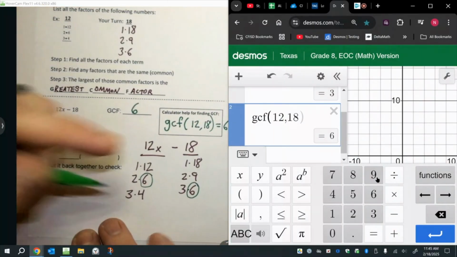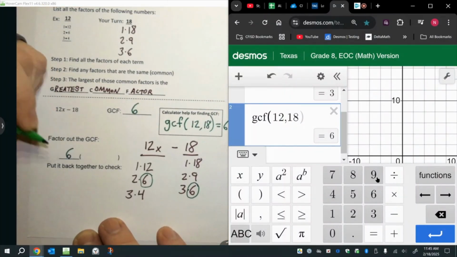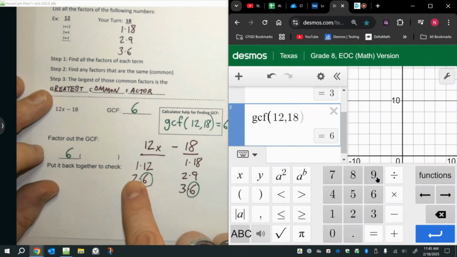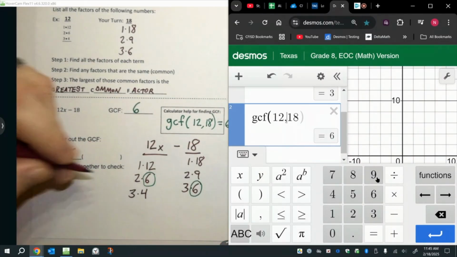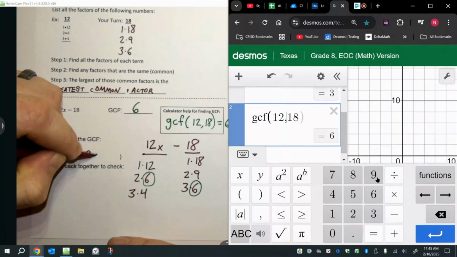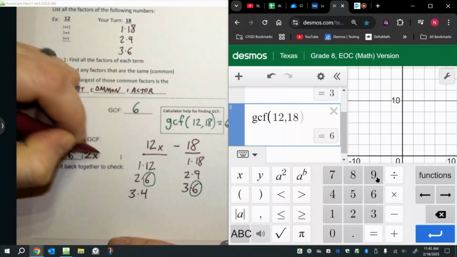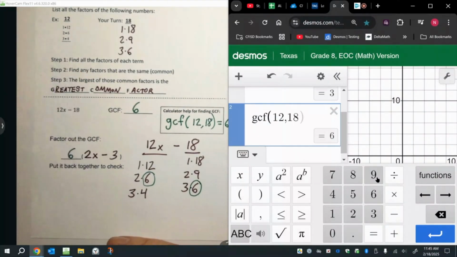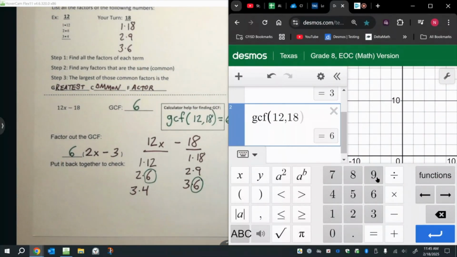So here's how we think about it. If I take the 6 out of here, well, what's left? I have a 2, so 2 is going to stay here. He also is going to have this x, so I need to put this x, and then this 3 is going to stay from here, and then I put my minus. So how do I know if it's right?